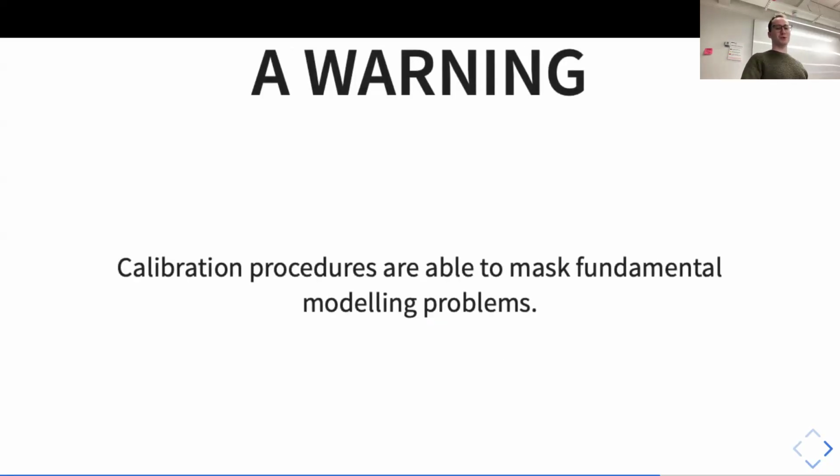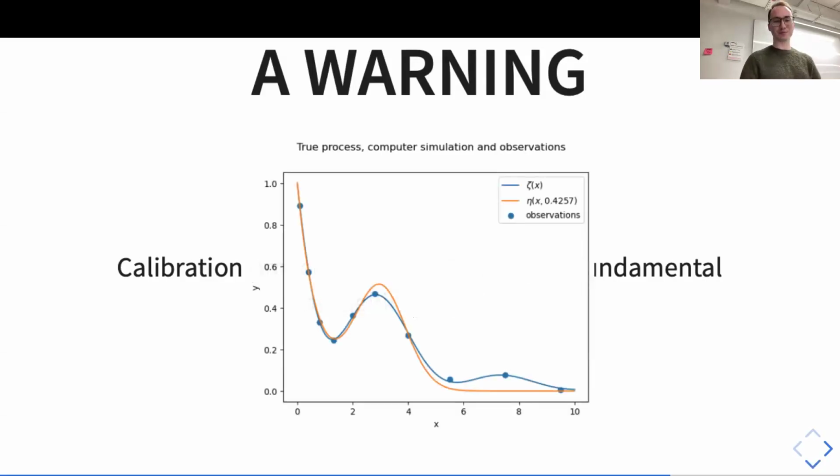I should now come with a warning. It's not a bad warning. Calibration procedures are very good at masking fundamental modeling problems. So in this case, you saw the equations before. This is now showing you in blue, we've got the true process, which we wouldn't normally know, the observations, which we would know, and we can see that the observations are actually really quite close to the true process. So whoever made those observations did a fantastic job.